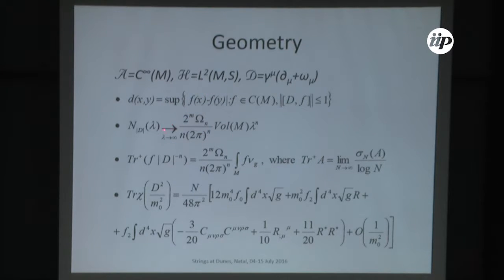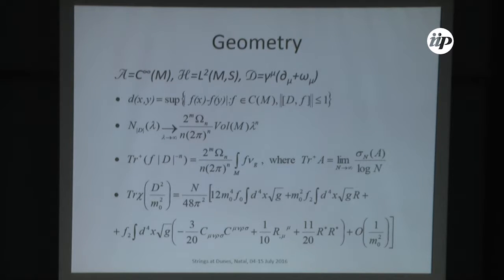How do you recover, for example, the dimension of a manifold? You can do it in several ways, but the simplest one is actually a very old formula from 1918, I think, Weyl's theorem, essentially.